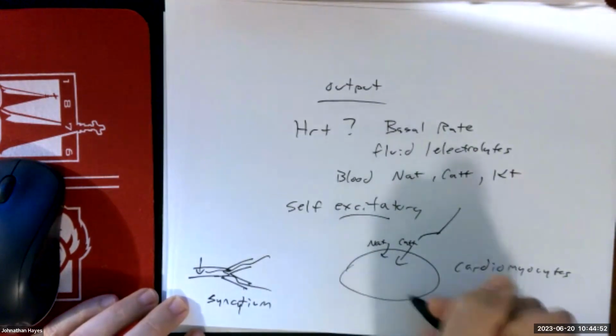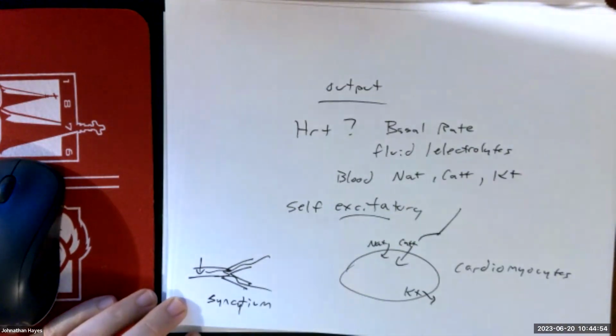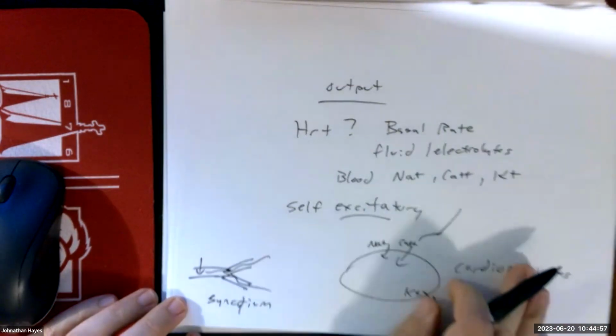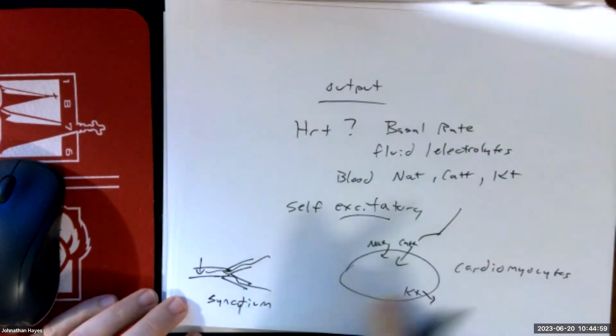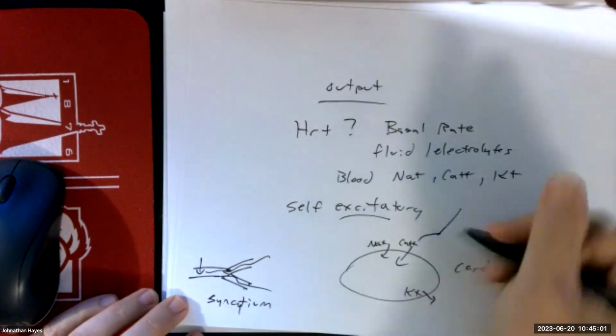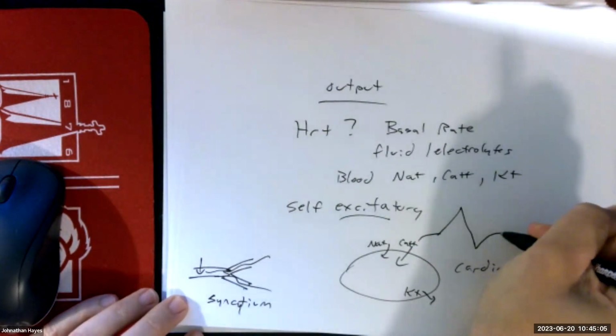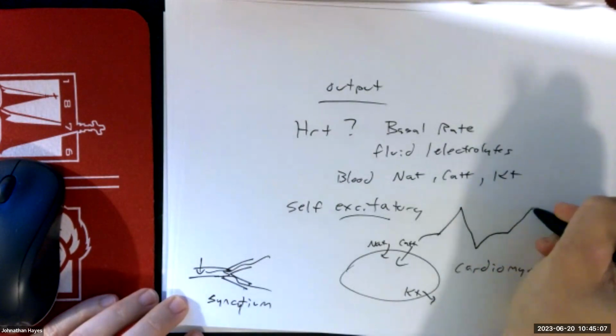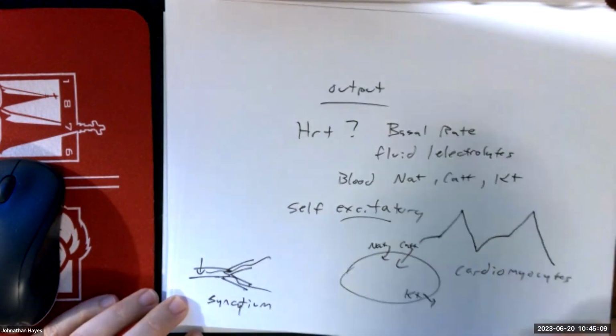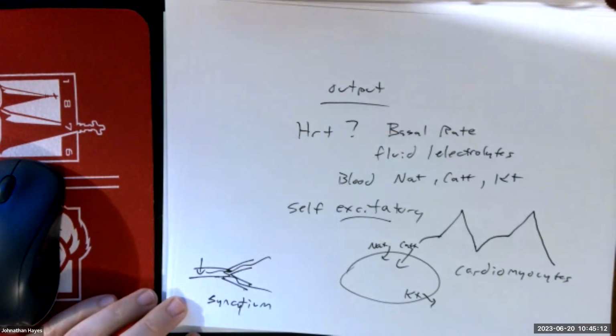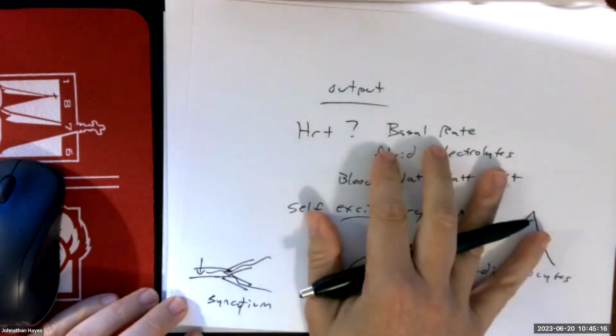At the same time, potassium is leaving, which will also change the conductivity of the cell membrane. That's what generates our signals in the heart, this opening of sodium channels, opening of calcium channels, again and again and again. That's what causes the cardiomyocytes to fire. That's your basal rate of metabolism.